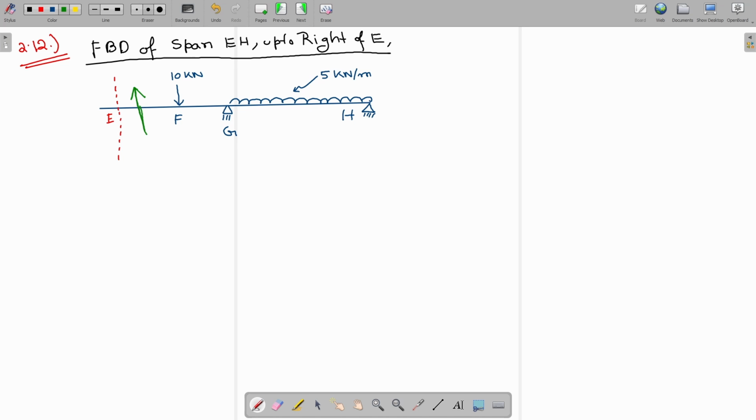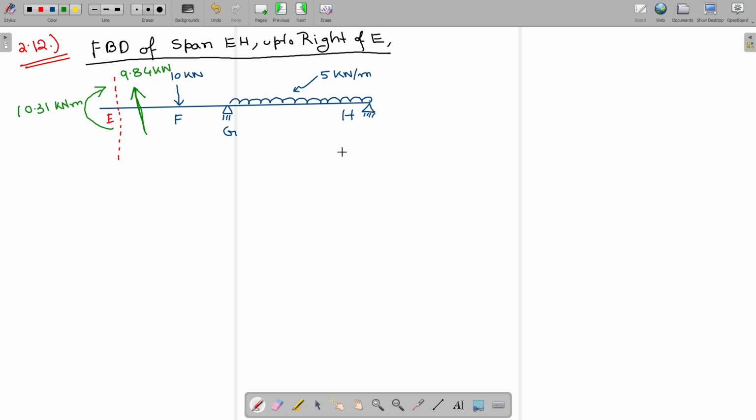It is 9.84 kilonewton. Also, here a sagging moment is acting. Now, when the moment is sagging, the direction will be like this. This is the sagging moment of magnitude 10.31 kilonewton meter. Okay. This is given to us.